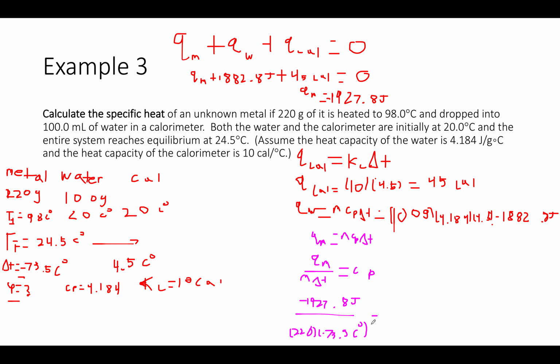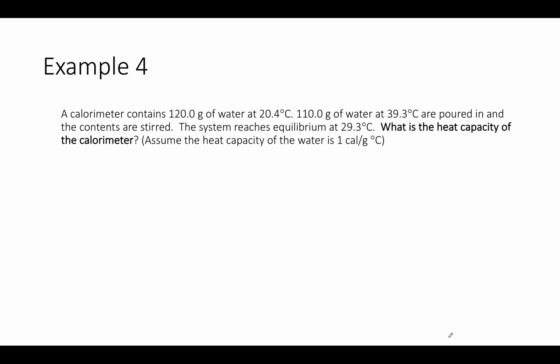So you get the specific heat of the metal to be 0.12 joules per gram degrees centigrade. And that is our final answer. So setting up this table ahead of time helped us solve in the end for the specific heat of the metal. All right, last problem.